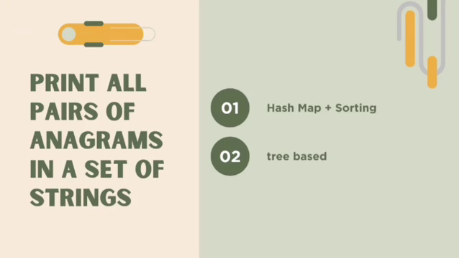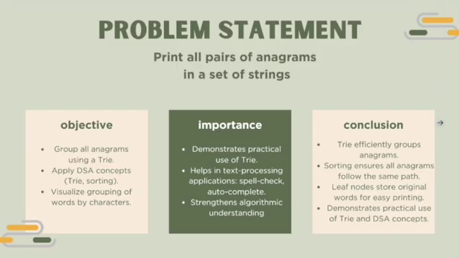For this problem statement, we have two methods in DSA: hash map plus sorting, and another one that is tree based. I am going to use the tree-based solution in this presentation video. The objective of our problem statement is to group all anagrams using a tree data structure, applying sorting and traversal concepts from DSA to visualize how a tree helps organize words efficiently.